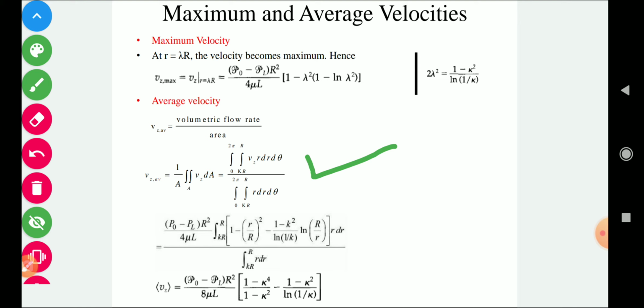This Vz r dr d theta is volume, because Vz is velocity and r dr d theta is area. Similarly, this r dr d theta is area. Now put the value of Vz in this equation, then we get this equation, and after integration finally the average velocity will be this one.